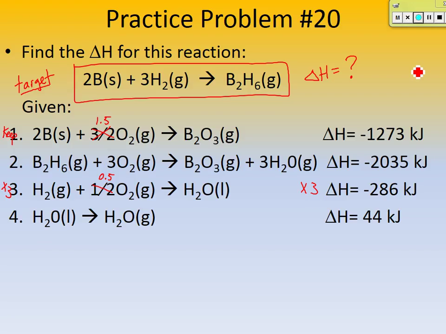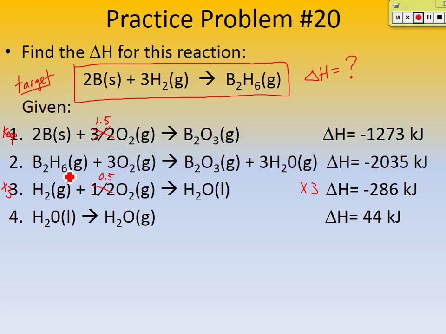Okay, so let's just continue on and look at the target equation. Now, the only other thing in my target equation is this B2H6. It's on the right. And how many moles do I have? Just 1. So I need that to be on the right with just 1 mole. Where do you see B2H6 in your given equations? Number 2. But it's on the left side here, right?